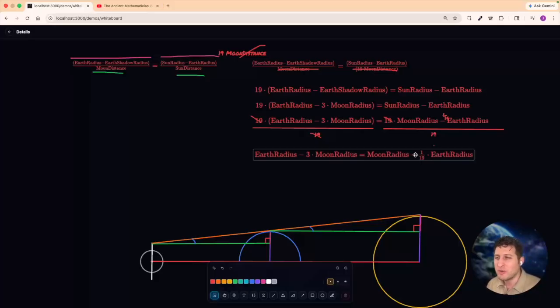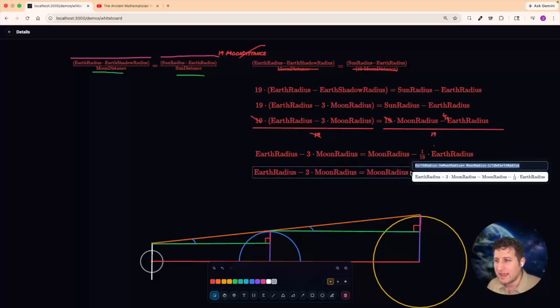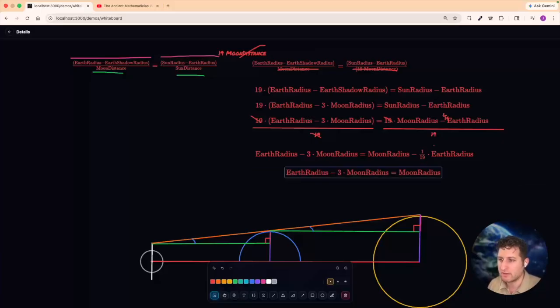So you can essentially just rewrite this and say, an Earth radius minus 3 moon radius is equal to about 1 moon radius. You can just say this number is so small that Earth minus 3 moon radius is about a moon radius. It's essentially the same thing. So that's the simple way we can do it.